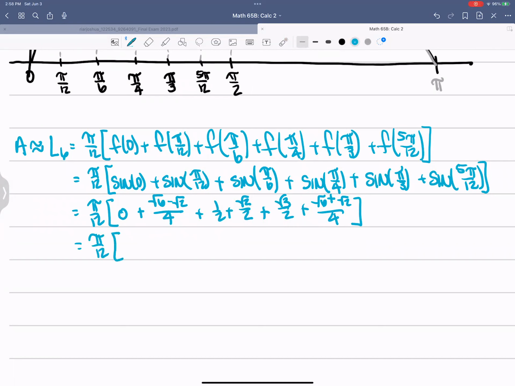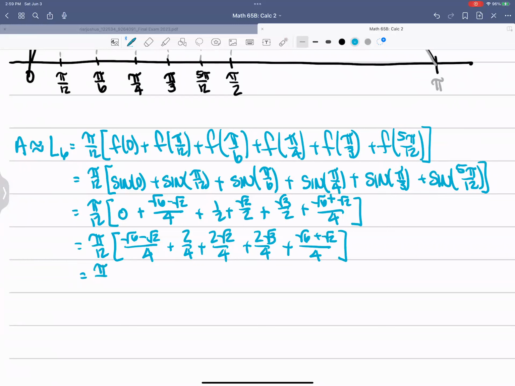So that one disappears. We still have root 6 minus root 2 over 4, that's 2 over 4, 2 root 2 over 4, 2 root 3 over 4, root 6 plus root 2 over 4.